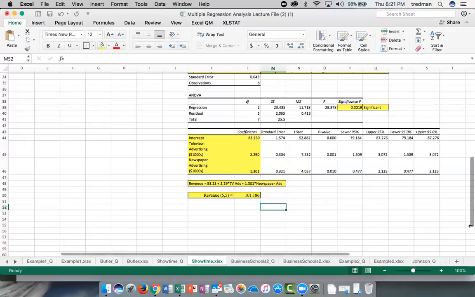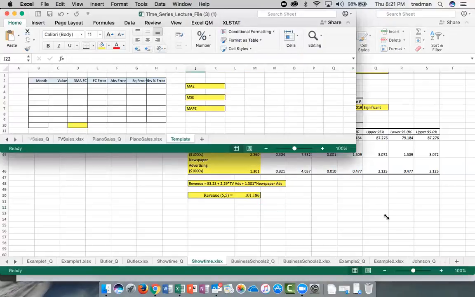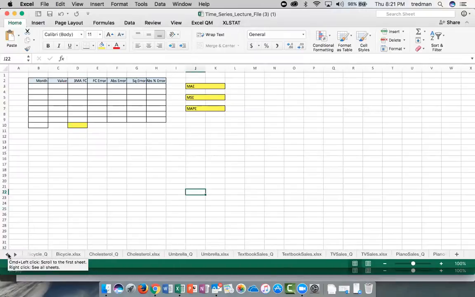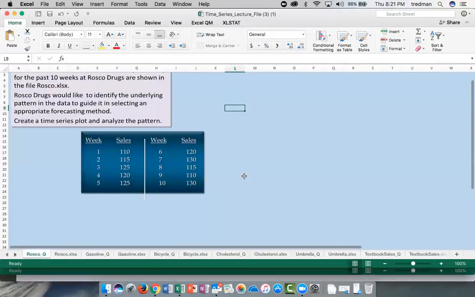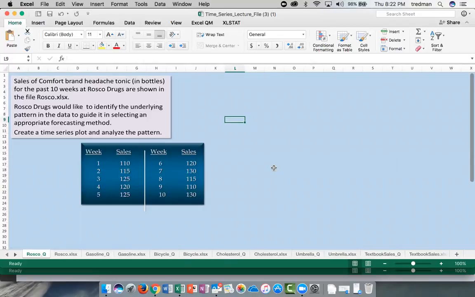Now, another type of problem in your homework is one where I'm going to change to a different file. And here, we're given the sales of Comfort brand headache tonic for the past 10 weeks at Roscoe Drugs.